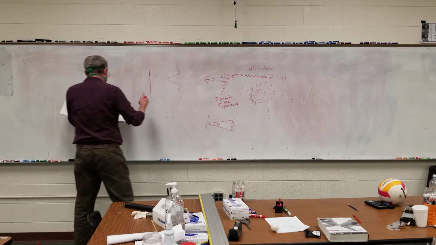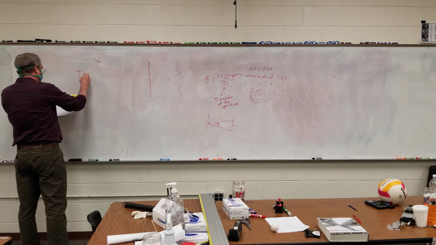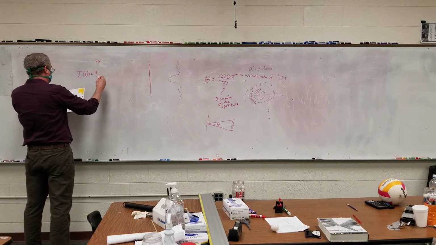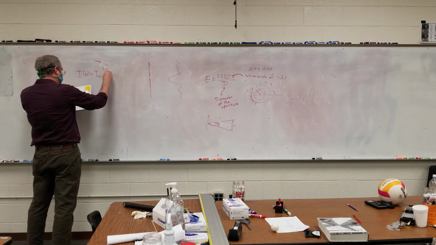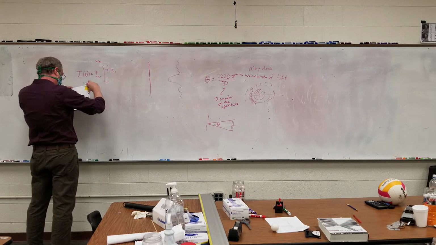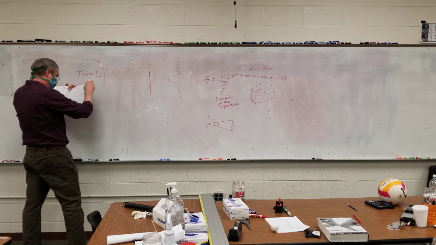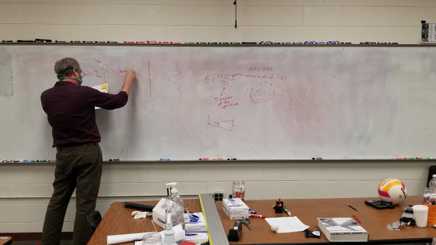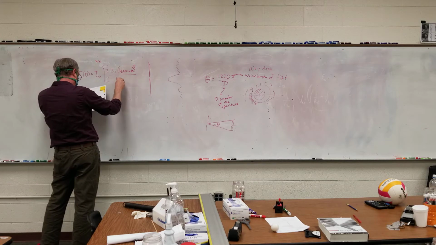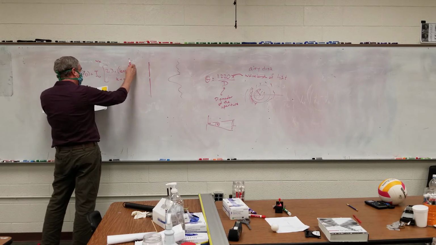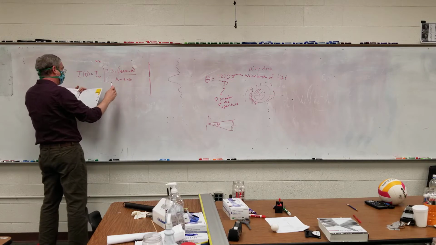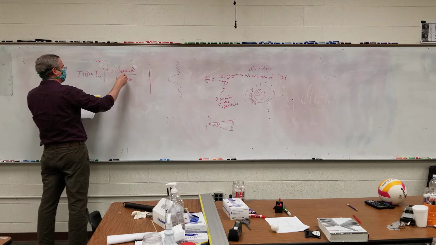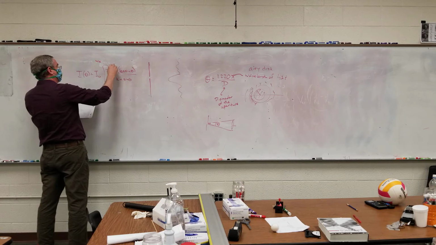The intensity of the Airy disc as a function of theta is some base intensity times 2 times the Bessel function of order 1. I think I got a mistake there because something's off. This is the bad boy right there.